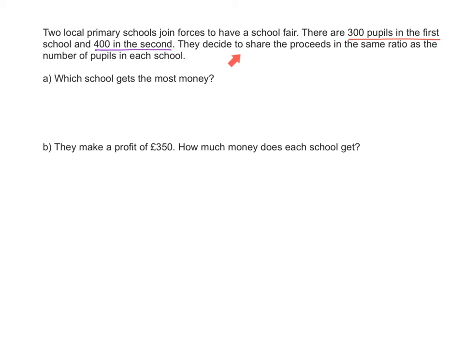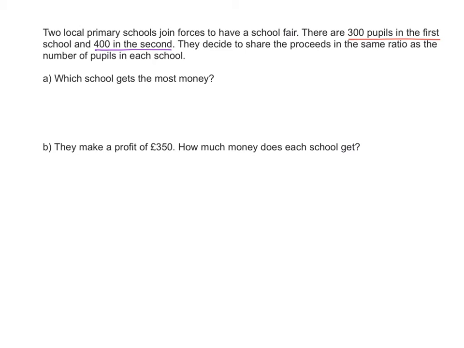So what they're saying here is that the proceeds, which means the money that they make, they will share according to the number of pupils they have. Right? Okay? So let's write this down.